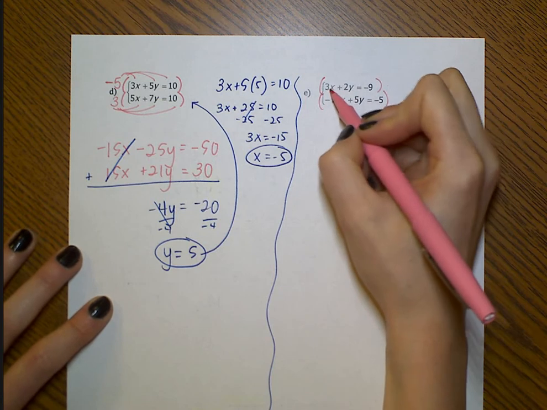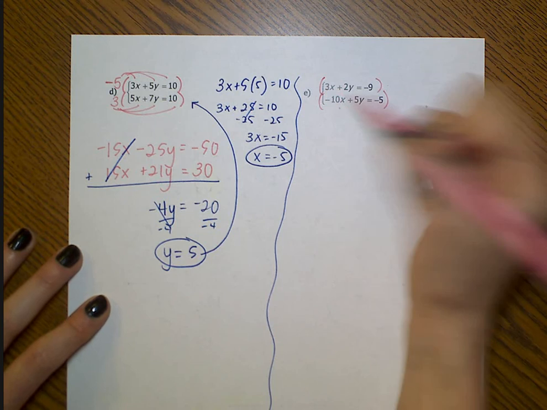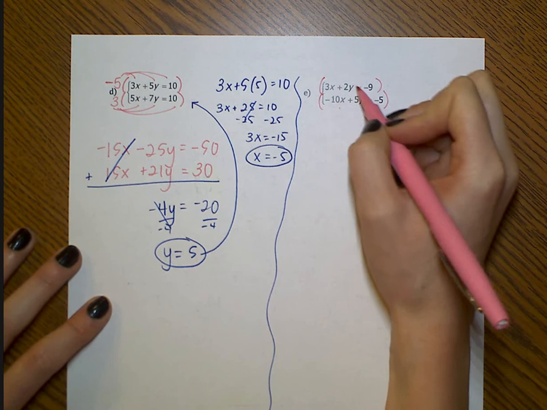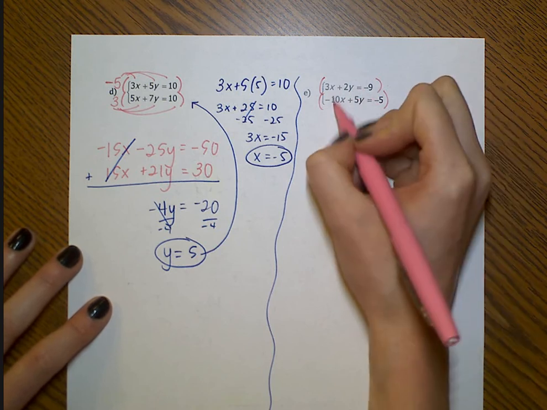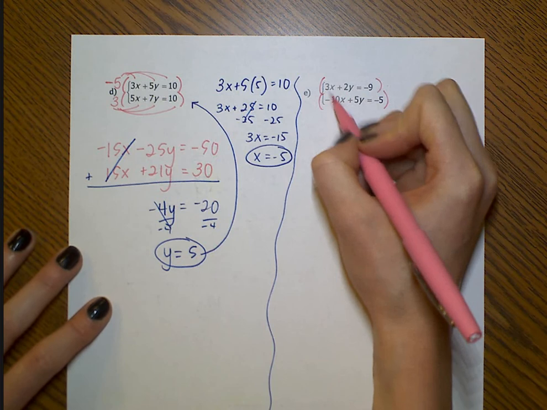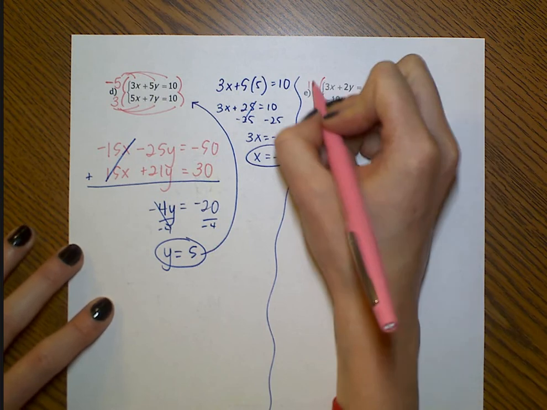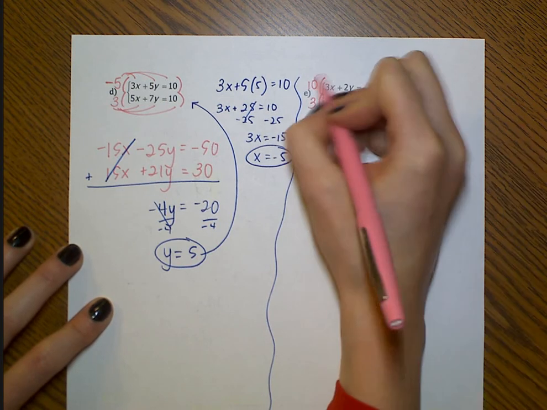I see that in front of the x's, it's already positive and negative, so the signs are what I want. So I'm going to choose to change the x's, but you could go for the y's, make them both 10. I'm going to choose to make these both 30. And I just do 3 times 10, make them both 30. So if I multiply the top equation by 10 and the bottom equation by 3, then I'll have what I want.